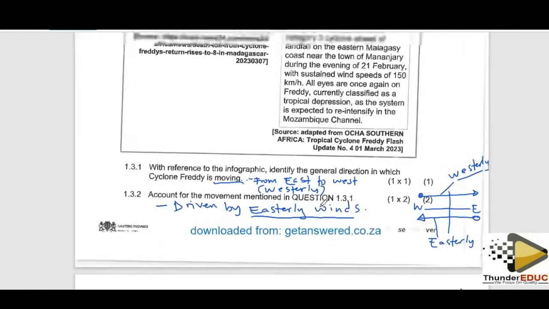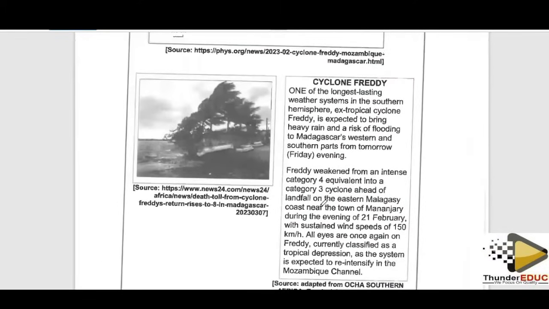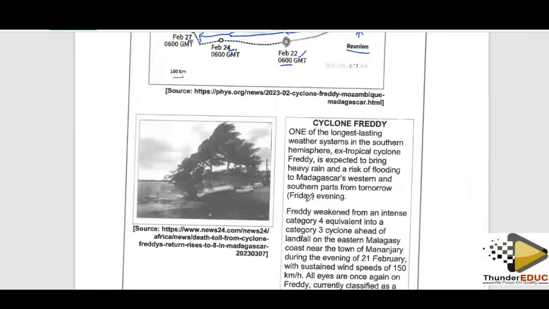If you look at the infographic, hurricane force, we know these are very strong winds. So we can see one of the evidence: look at the trees, the shape of the trees. Trees are not supposed to be in that position, that's not their nature. It means they are being blown by these strong winds. And as well, if you look keenly here, these are boats.